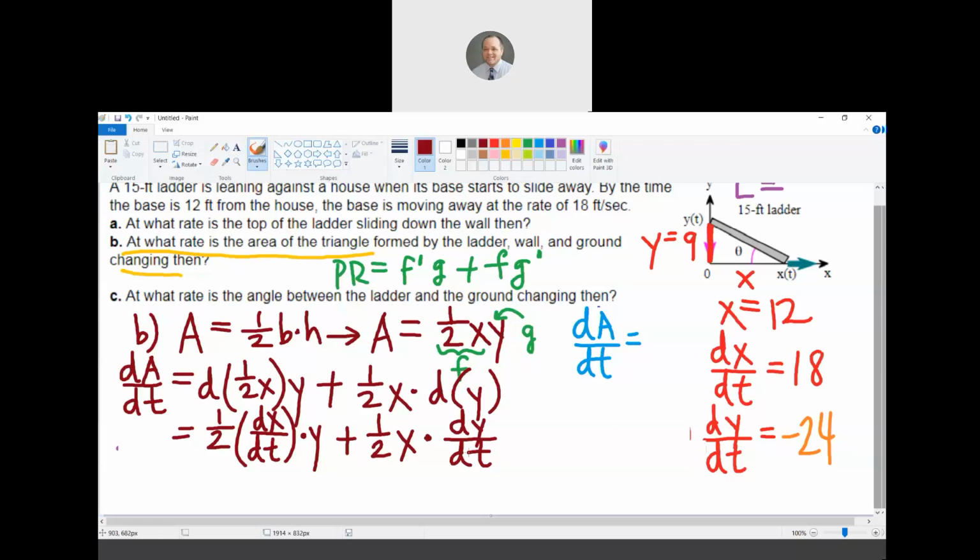Now, at this point, let's fill in all of our given information. dx dt is 18, y is 9, x is 12, and dy dt we just found to be negative 24.